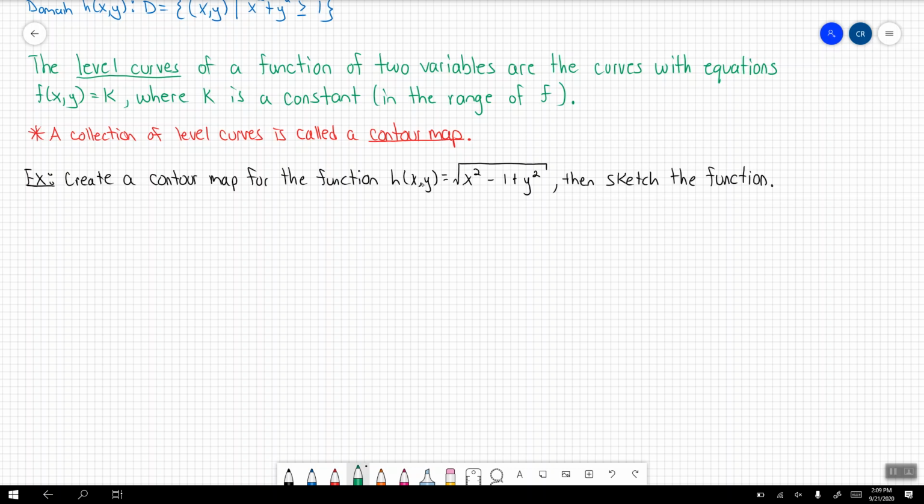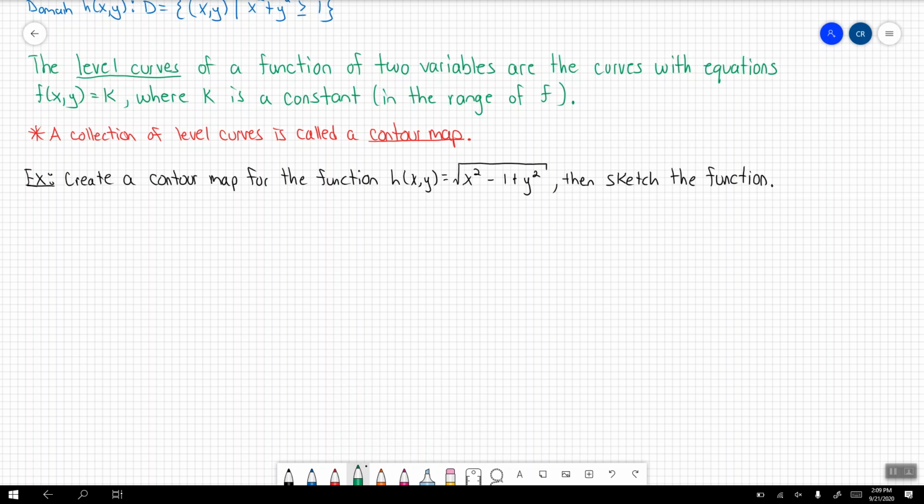The variables are x and y. Therefore, the domain will be in x and y components. So when I want to build a contour map, we now have to choose values within that domain so that we can start analyzing what these level curves look like.